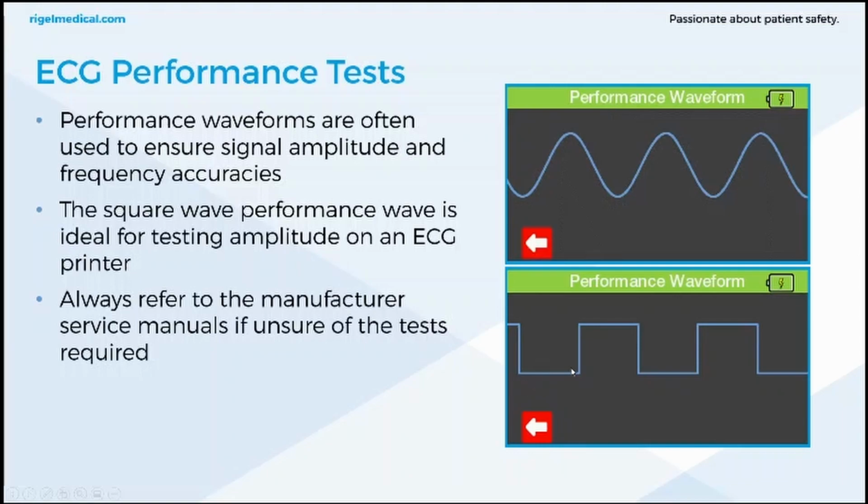A standard NSR QRS complex might not be ideal for testing the small printouts on the paper, whereas a square wave will give you a very clear indication of the peak-to-peak amplitude. But it's always worth referring to the manufacturer's service manual if you're unsure of what tests are required.